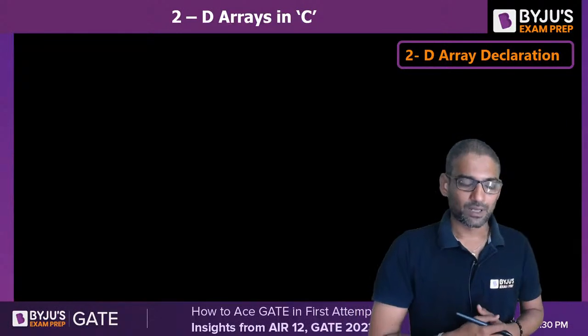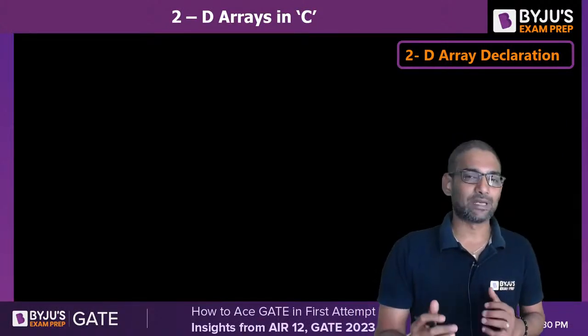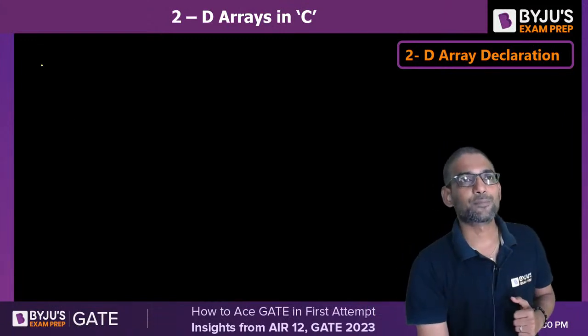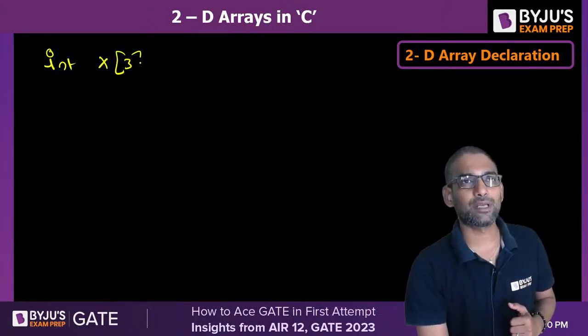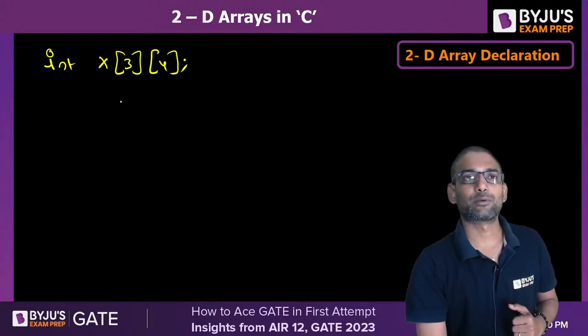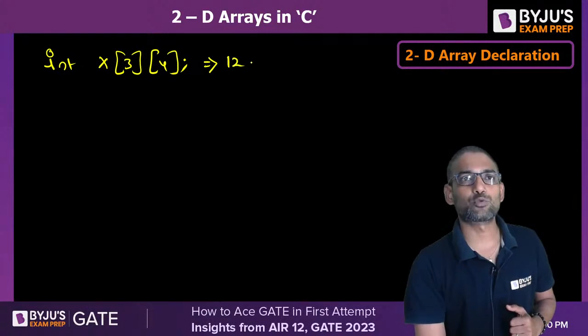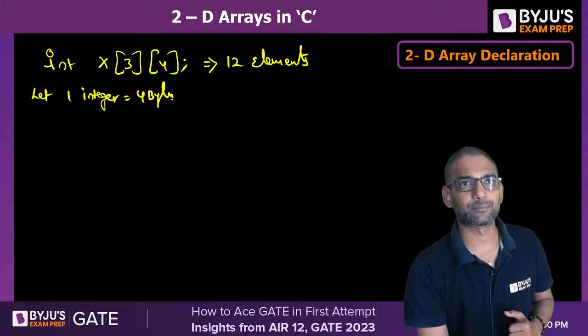All right. Now, how we declared we have seen. Suppose I have declared int x of 3, 4. That means there are total 12 elements, 12 integers. Let one integer is taking 4 bytes space.